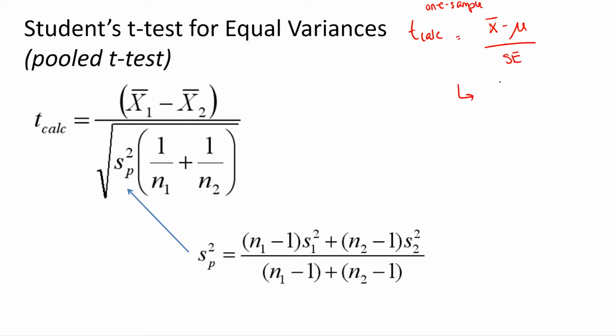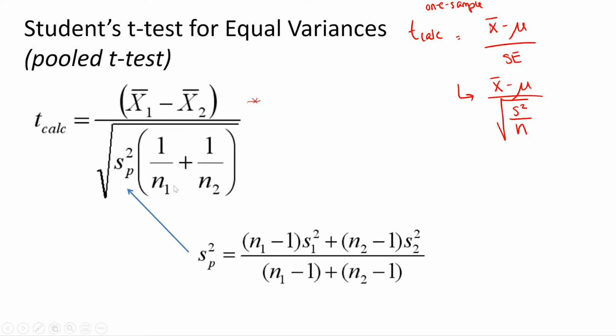And that's the same thing as x bar minus mu divided by the square root of our variance over the sample size. That's pretty much the same thing going on over here. We have the difference between our two means, and we have the square root of our variance over our sample size.